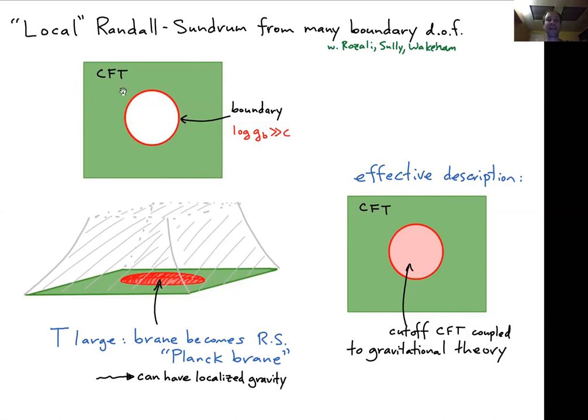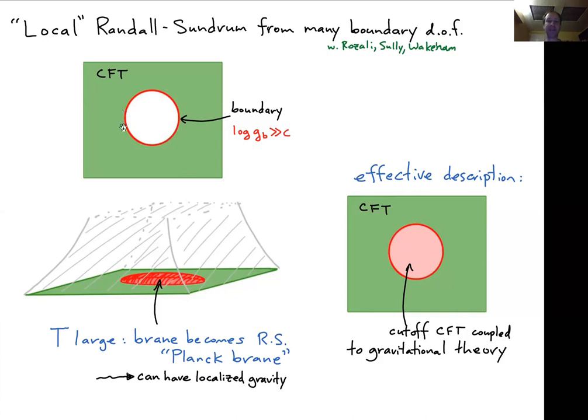What if we just had the boundary degrees of freedom here? There's a lot of them. We could imagine they're holographic. Then the degrees of freedom on this circle would be dual to some gravity theory, and you can think of that as the gravitational theory that's then coupled to this cutoff CFT.